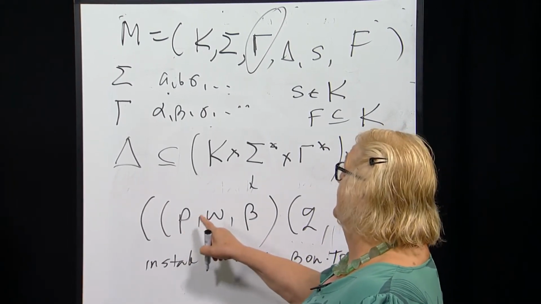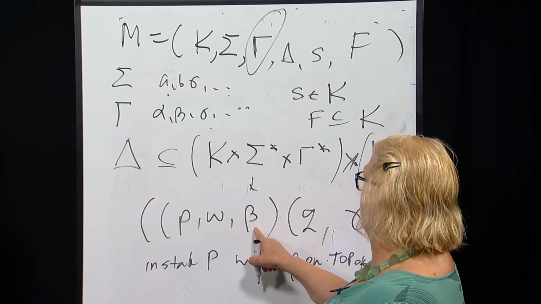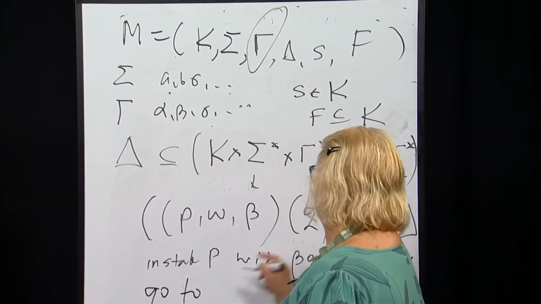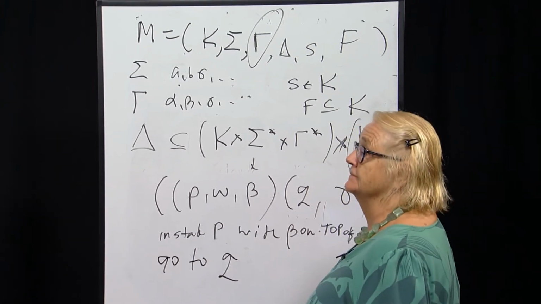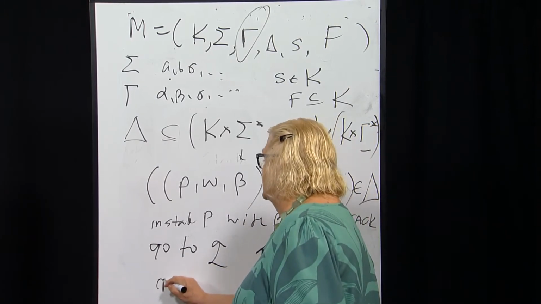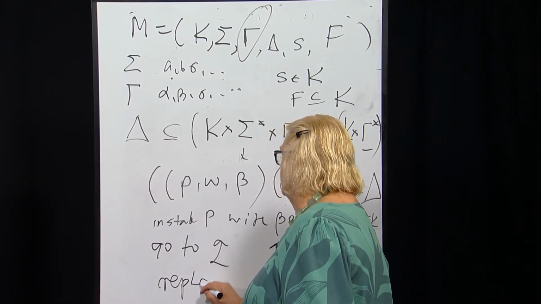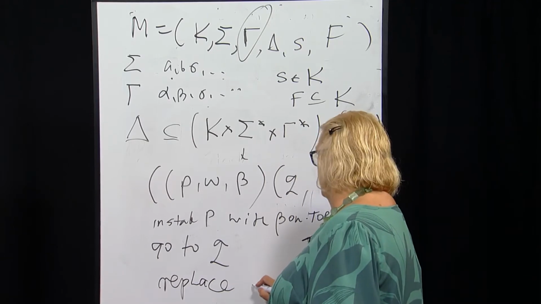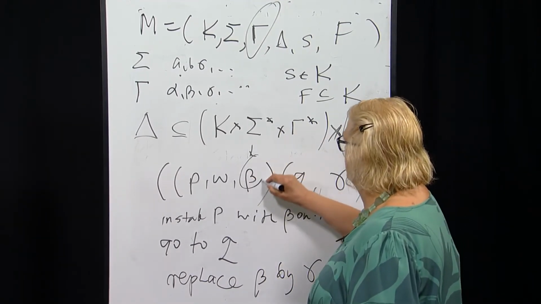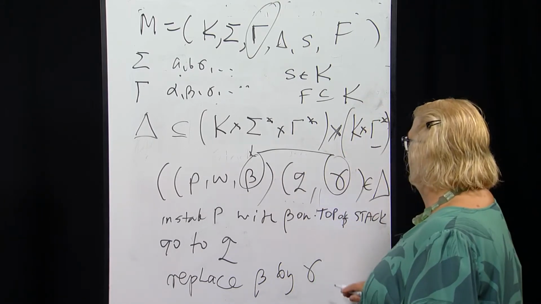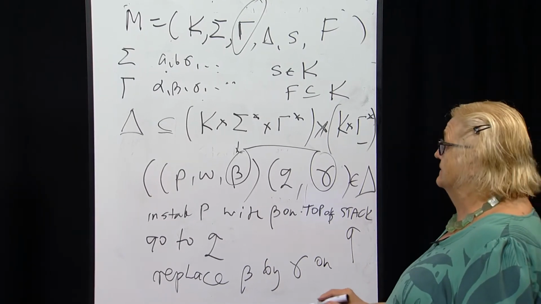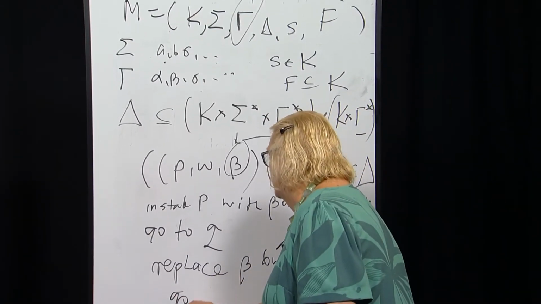So P reads with beta on top, goes to Q, replacing beta by gamma on top of the stack.